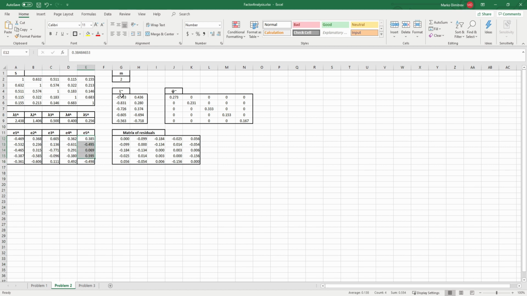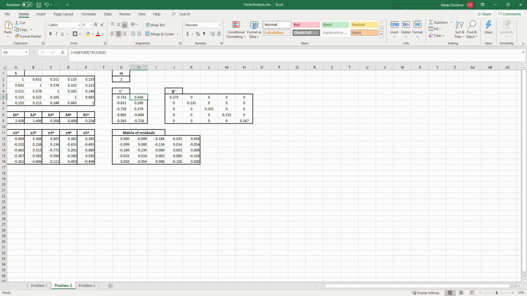So we can easily now apply the formula for our L tilde, so our square root of lambda 1 times e1. We can just write it easily because we use only two, so it is a two-factor model.